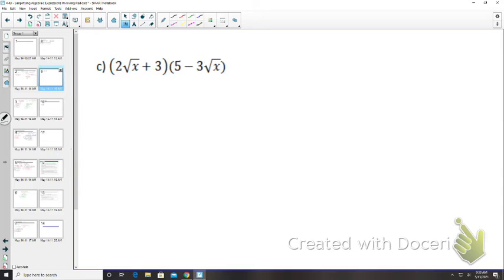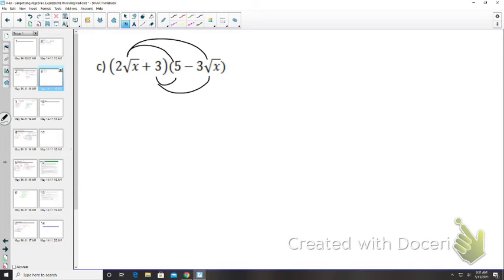For this one, we have two terms in the first bracket, and we also have two terms in the second bracket. So we need to distribute each term. This is our FOIL: first, outside, inside, last. Just like in the last couple of examples, we'll multiply the number in front of the radicand.